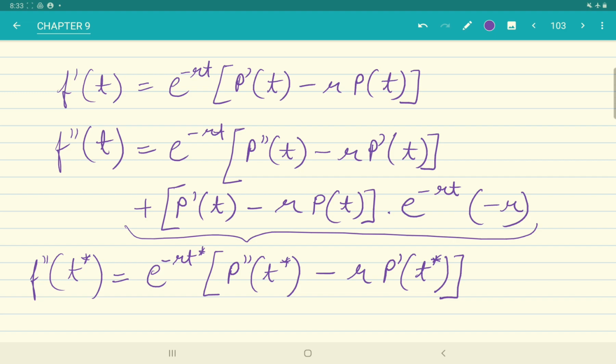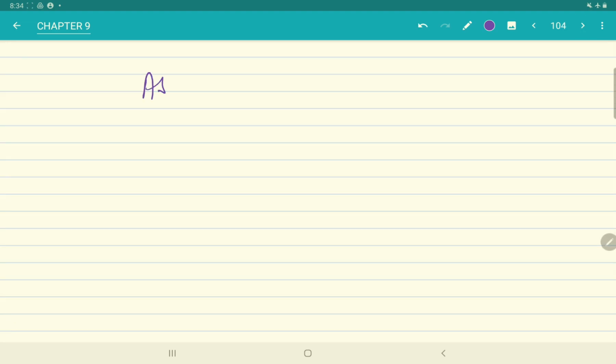Basically, p of t, I know, is the current market value at time t star, wherein the present discounted value is going to be maximized.